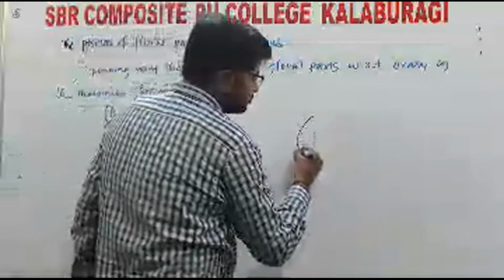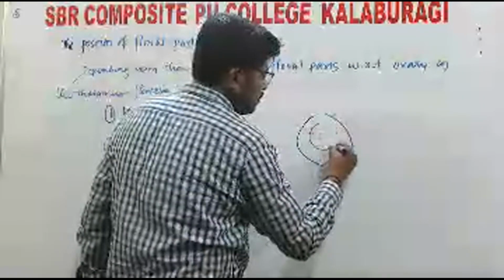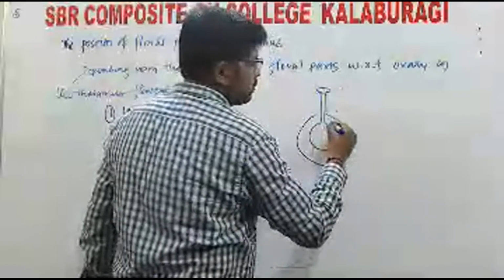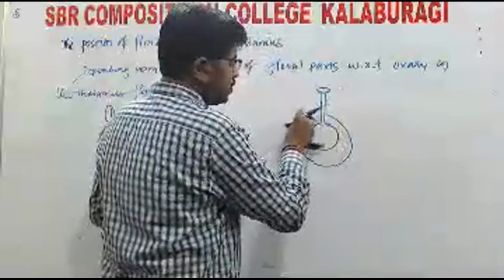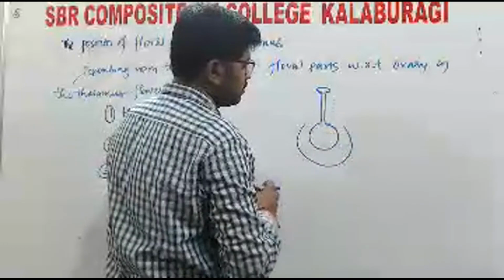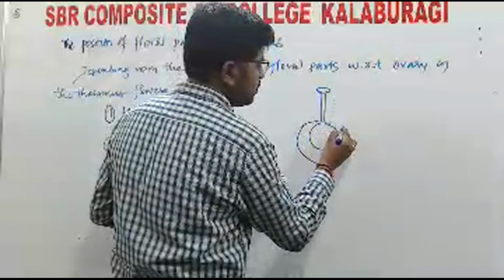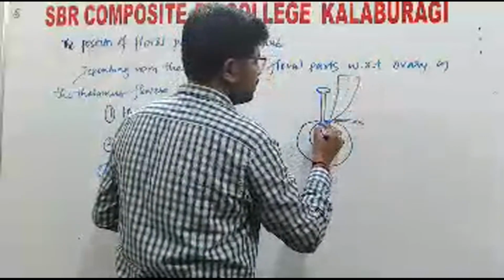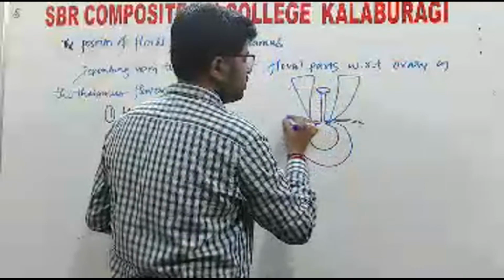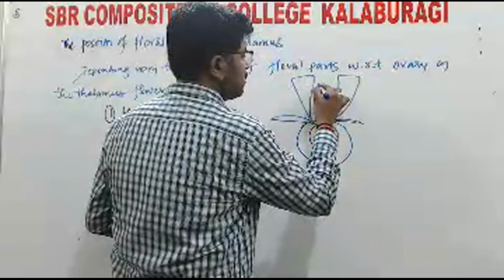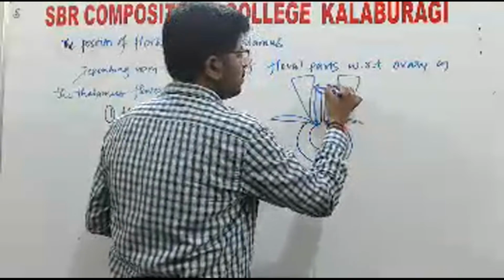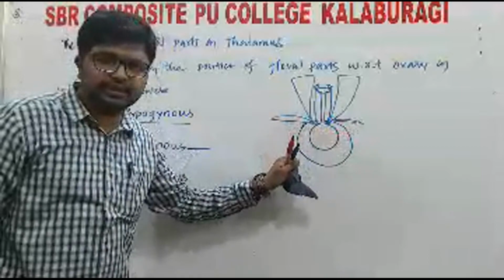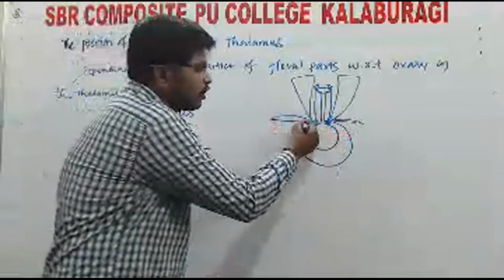Now, here you can see the ovary is completely fused with the thalamus, as well as it is below the floral parts.